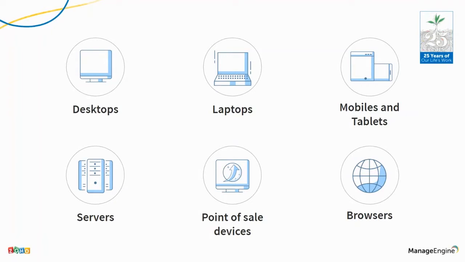So we consider that as an endpoint as well. Point of sale equipment, any operating systems that is supported by us, any hardware that supports Windows, Mac, or Linux operating systems where it can fit in our agent, those devices we should be able to manage.